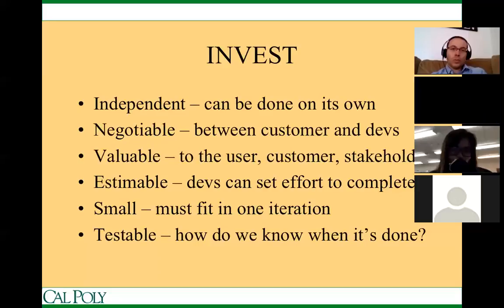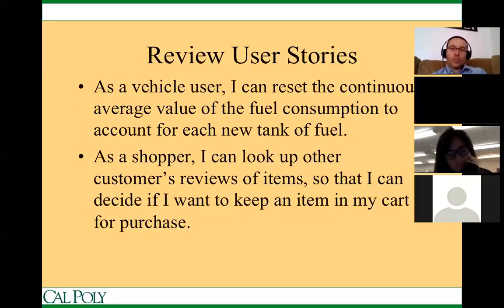Estimable is what that gets to. And negotiable sometimes means that we can break it up if it's too big into smaller things, and that ties into small. It must fit into an iteration. Is it valuable to the user? Is it testable? How do we know if it's done? And so that's our guideline. So let's use that real quick on this one.